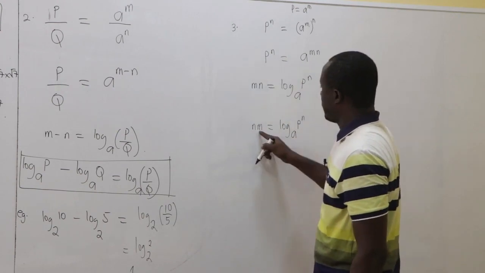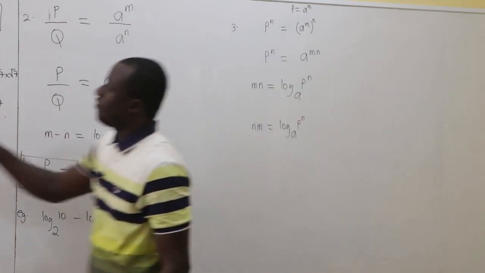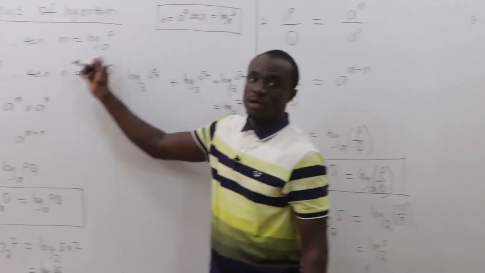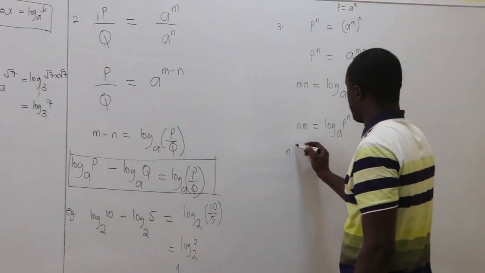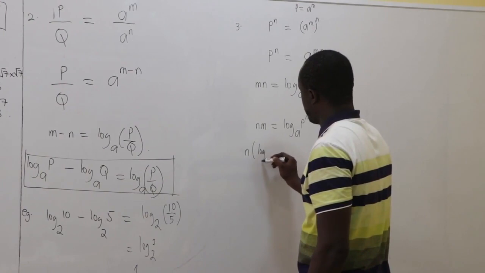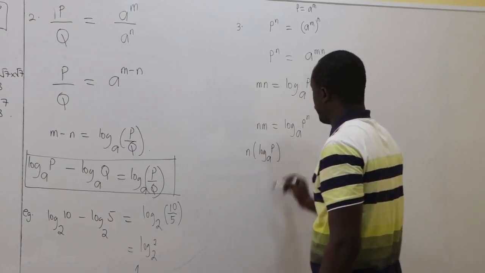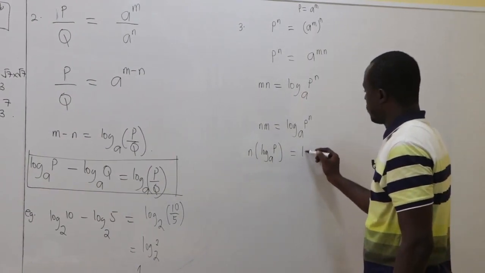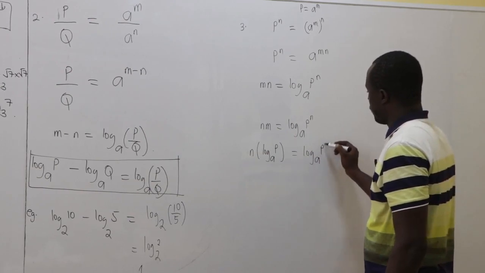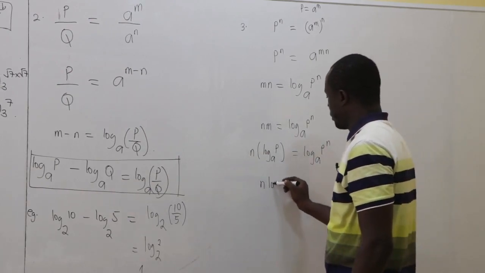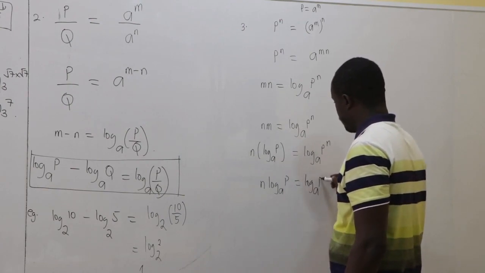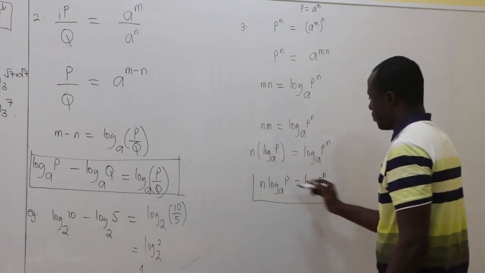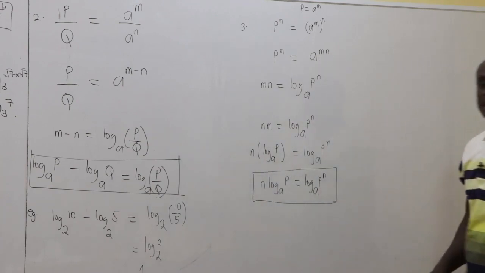We know that M, earlier on, is equal to log A of P. So our M is just log A of P, and this is equal to log A of P to the power N. So you have N log A of P equal to log A of P to the power N. So this is our third law.